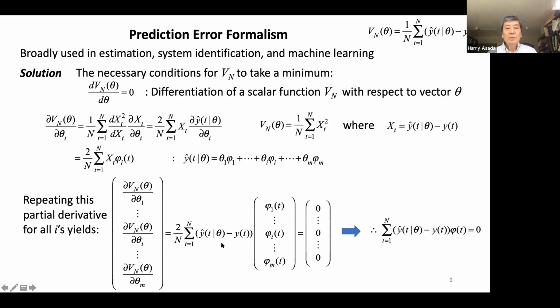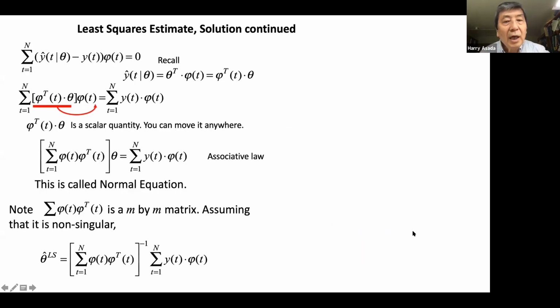So we can collectively write this in this way, which is basically the first expression: a scalar function differentiated with respect to the vector quantity. And we set all of these to 0. So this is not just a scalar 0, but a vector 0, and that can be written in this way, right? Phi_1 to phi_m is basically the vector phi. Okay, so that is the necessary condition for the minimum and optimum estimate.